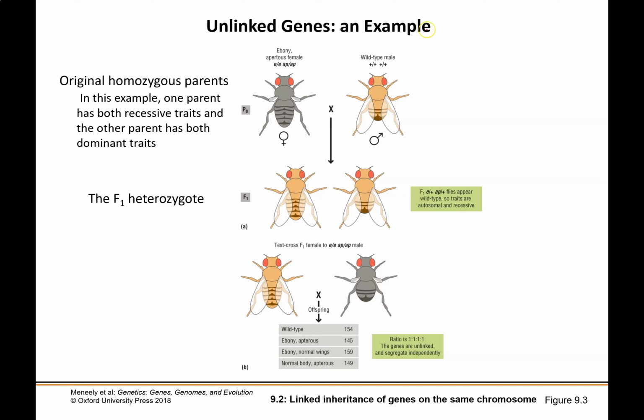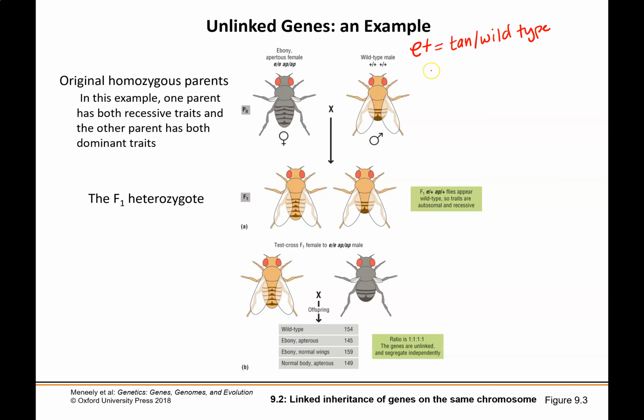Our book denotes wild type as just a plus, but earlier in the semester, we were writing our wild type as the letter with a plus. So the color for the fly is going to be e plus, meaning the tan or wild type color.